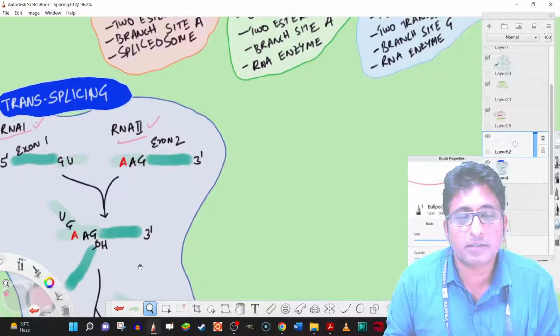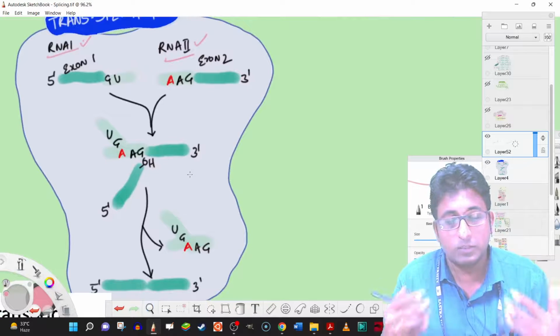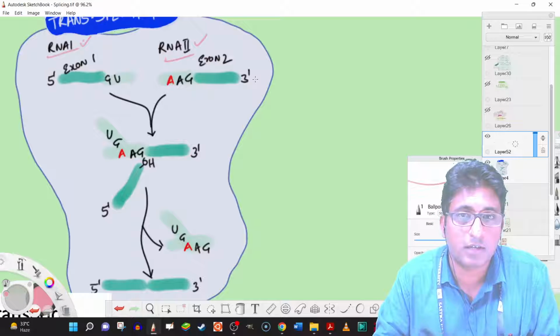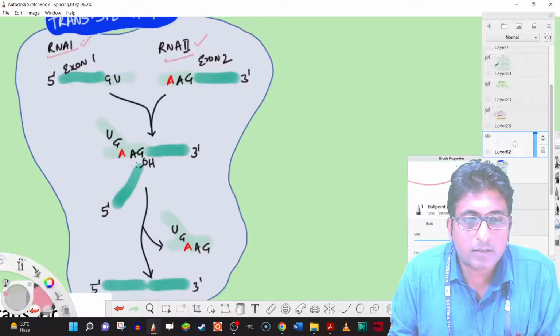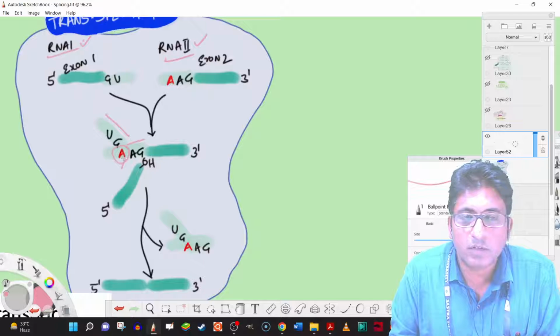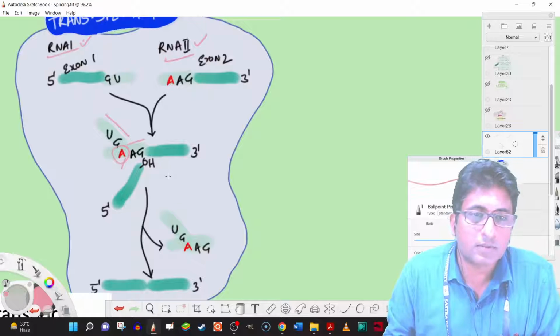So the differences, you can see the mechanism remains almost the same, except that the initial starting material, that is RNA1 and RNA2, are different. So there is a splicing between these two, and because they are coming from two different molecules, the formation of a three-way junction is there, similar to what would happen in group 2 self-splicing introns.